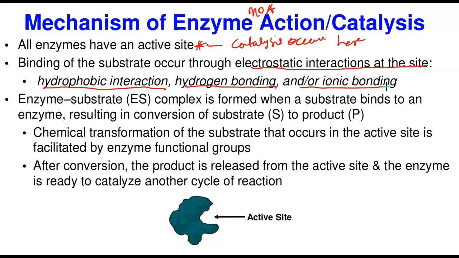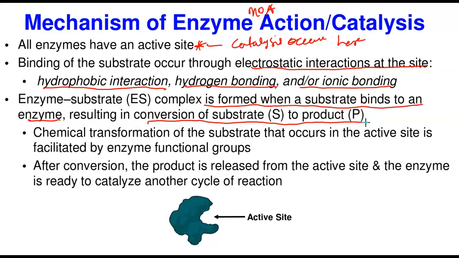Now, what happens? The enzyme substrate complex, ES complex, where enzyme is E and substrate is S, is formed when a substrate binds to an enzyme. After this binding, it results in the conversion of this substrate to what? The product.